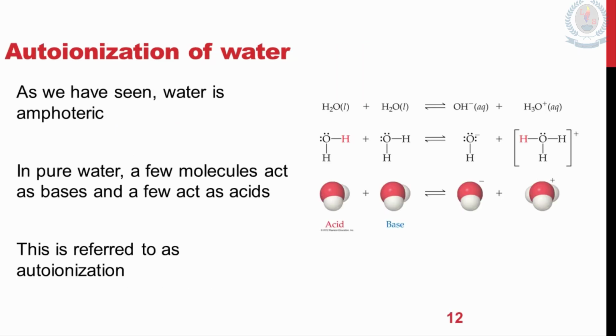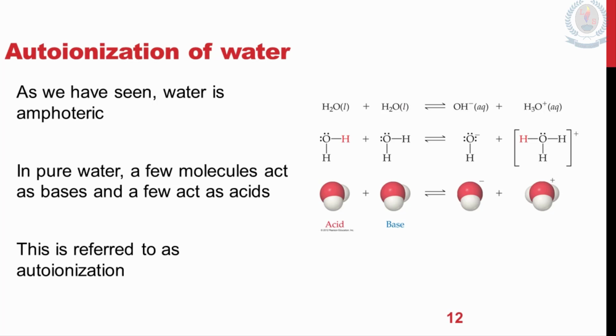Now let's look at autoionization of water. As we have seen, water is amphoteric. That means it can gain or lose a proton. In pure water, a few molecules act as bases and a few act as acids. This is referred to as autoionization of water.